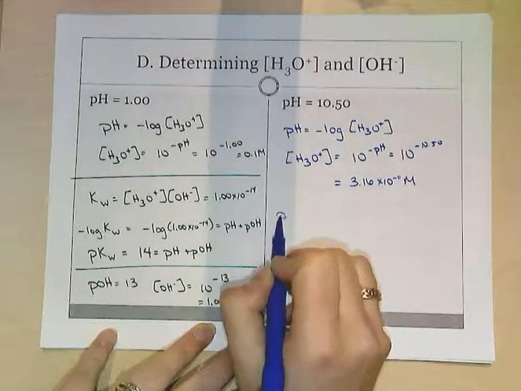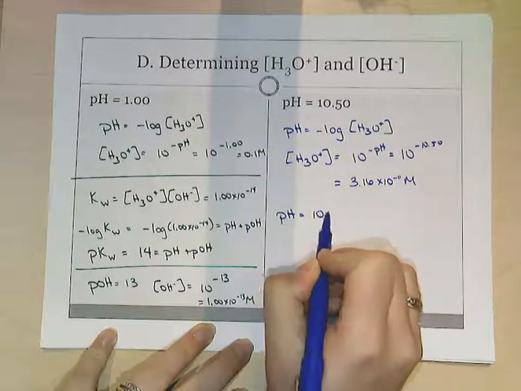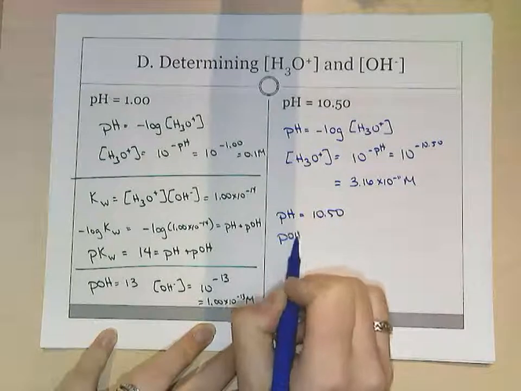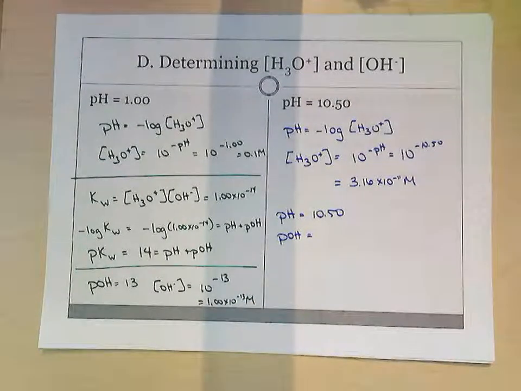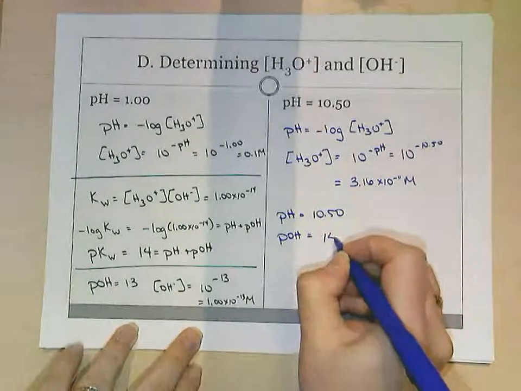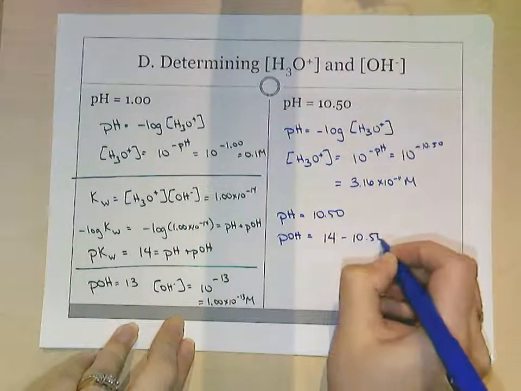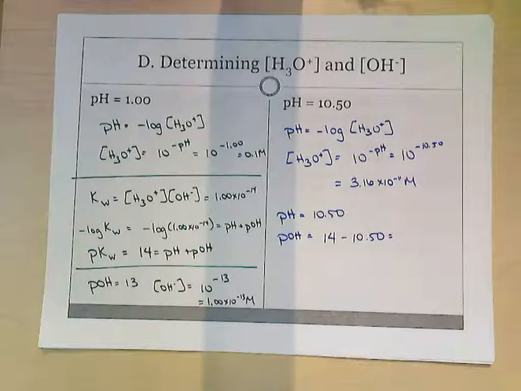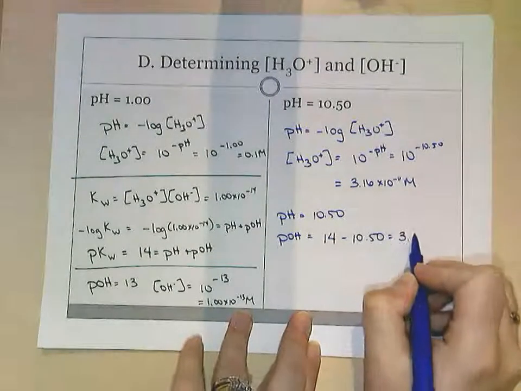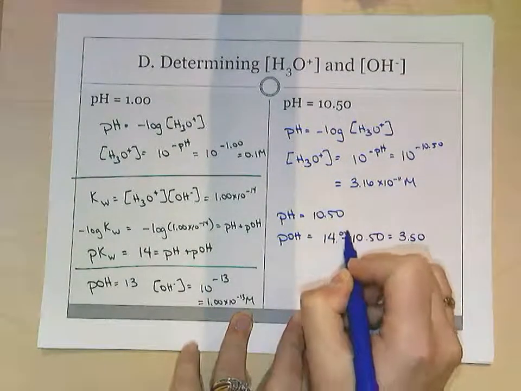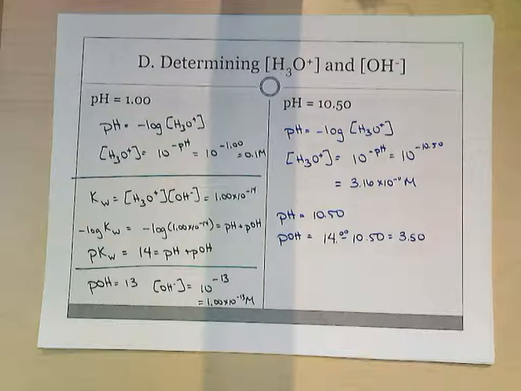So if I know pH, and that's 10.50, how do I go about figuring out what the pOH is? All right, so if they both add up to 14, if I know one is 10.5, the other one has to be whatever's left. And then we can solve it just like we did this one.